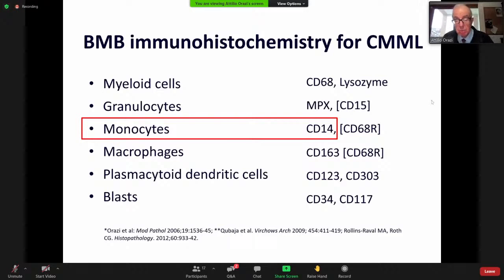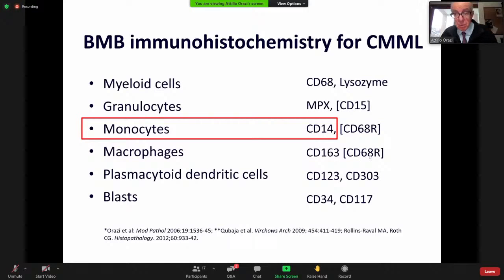As I told you, the typical monocyte of CMML is the MO1 monocyte. By definition, it is strongly CD14 positive. So it works much better than in AML. AML blasts can have weak CD14. They have other markers, CD64 and so on. But CD14 works really nice here.